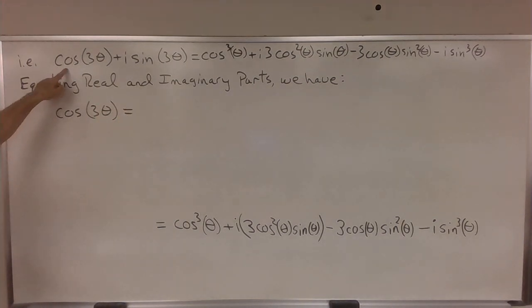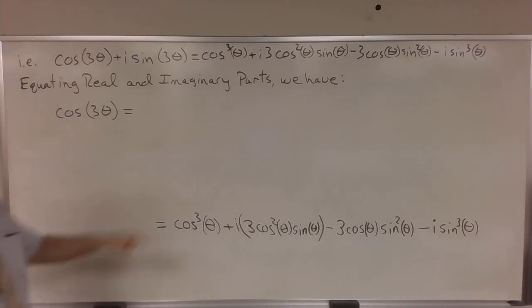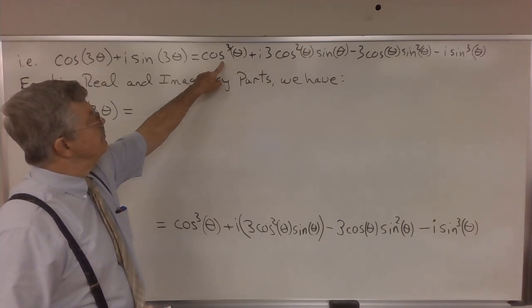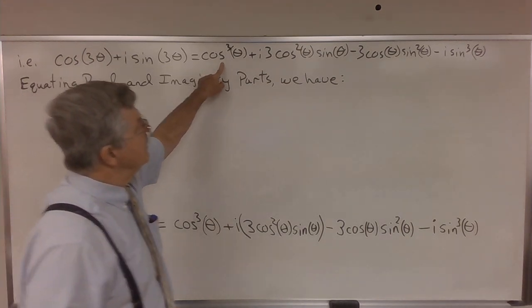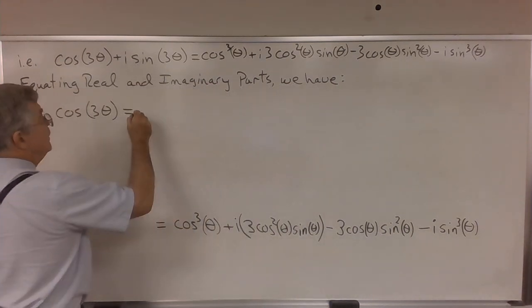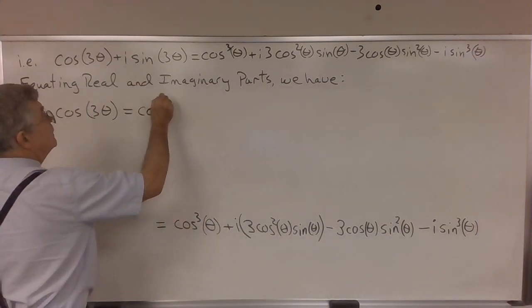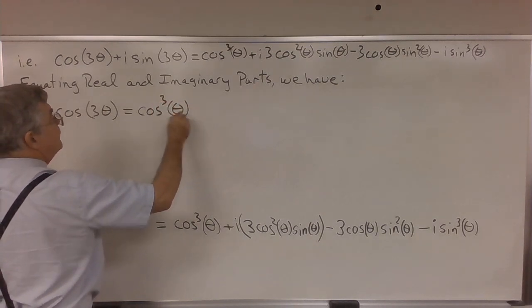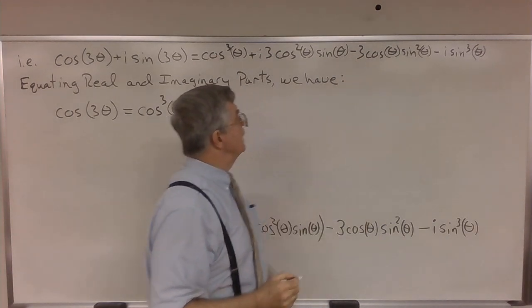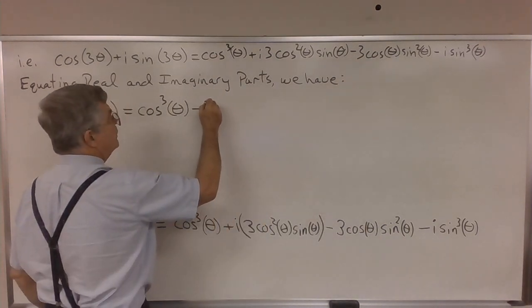Okay, on the left, the real part is cosine of 3 theta. And on the right, let's see. This term is real, and that term is real. So cosine cubed theta minus 3 cosine theta sine squared theta.